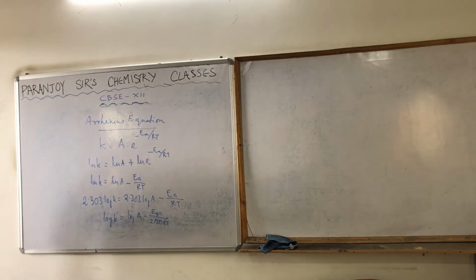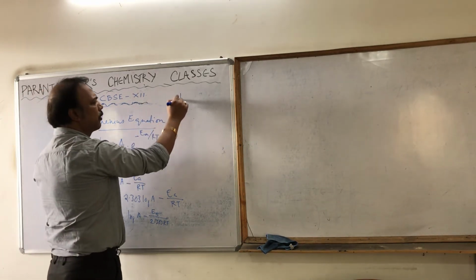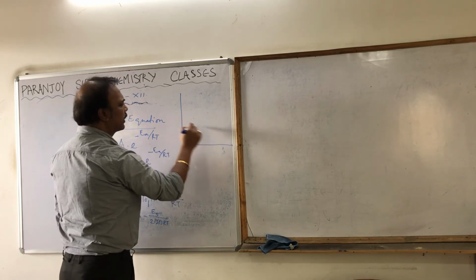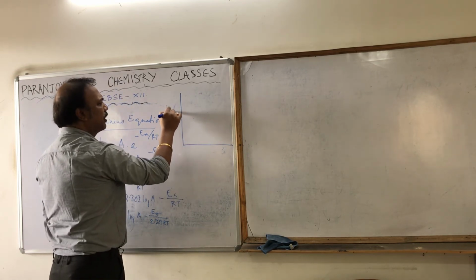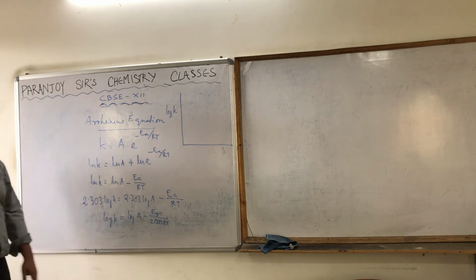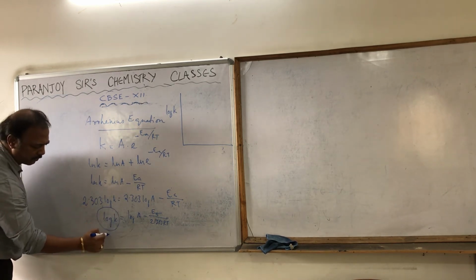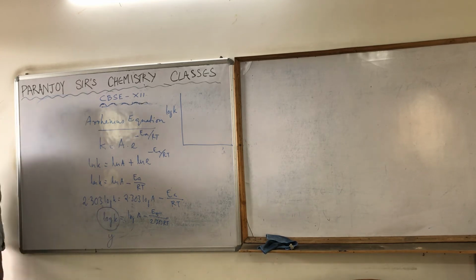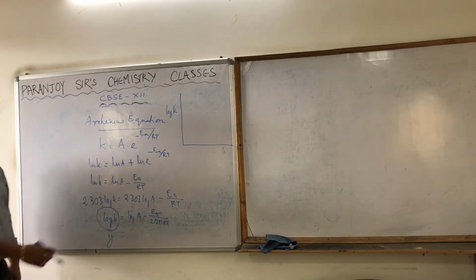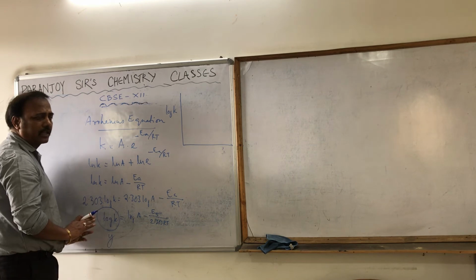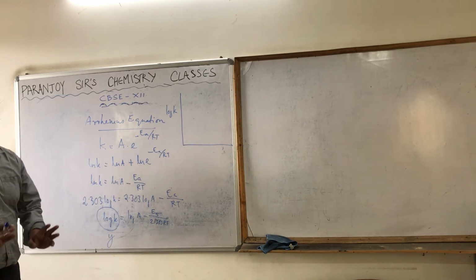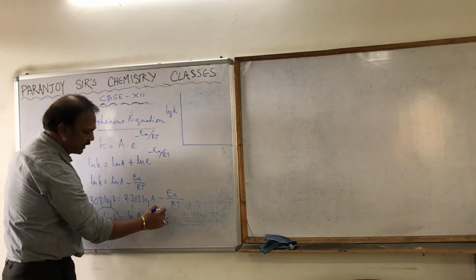Just see, if we plot log k on the y-axis, I already told you several times, you must have the concept clear. Log k on the y-axis, so log k is equal to y. We are trying to understand the variation of k with T. Here the T term is there.